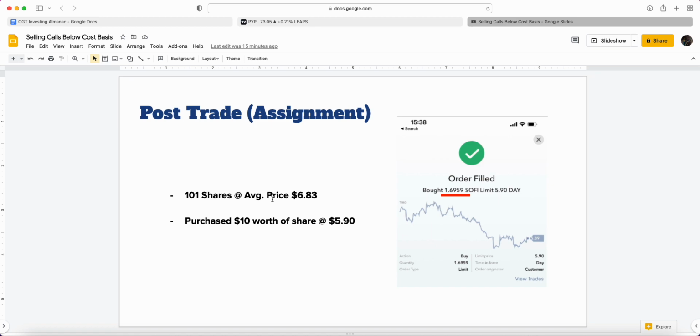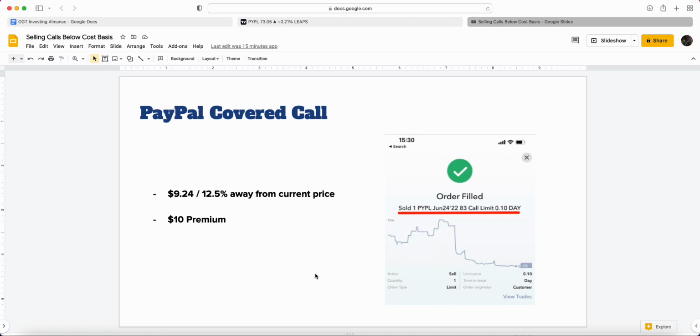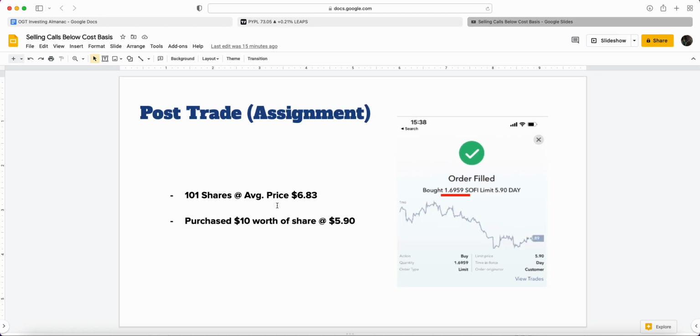So it feels to me that I've not put my initial capital at risk in this kind of growth stock. And because I've got over 100 shares, I am selling covered calls and, every single week, making between $5 and $20 depending on where the price is. So I'm making more on covered calls on SoFi than I am with PayPal, because I'm closer to my average cost of $6.83 with the current price around $5.90, right?